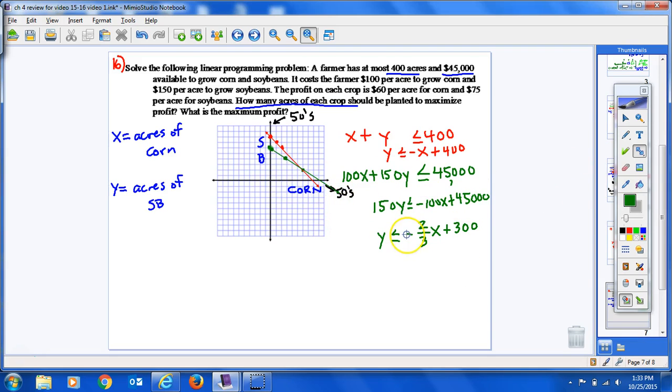And the shade, oh, we have these other constraints I forgot about because we're not going to plant a negative number of either crop, so don't forget we need to draw these two constraints which will contain our shading all in quadrant 1. So I'll just do these in black. Just don't forget those.